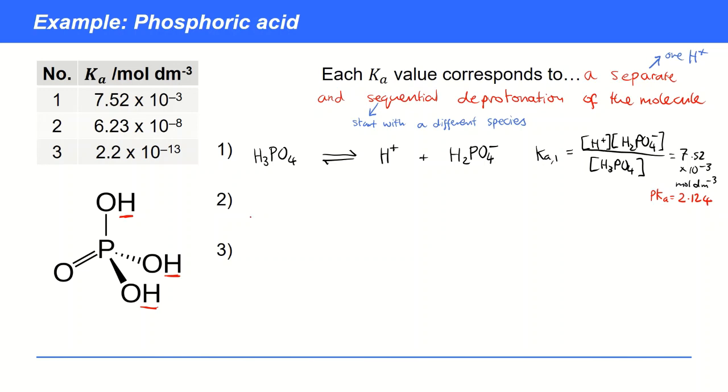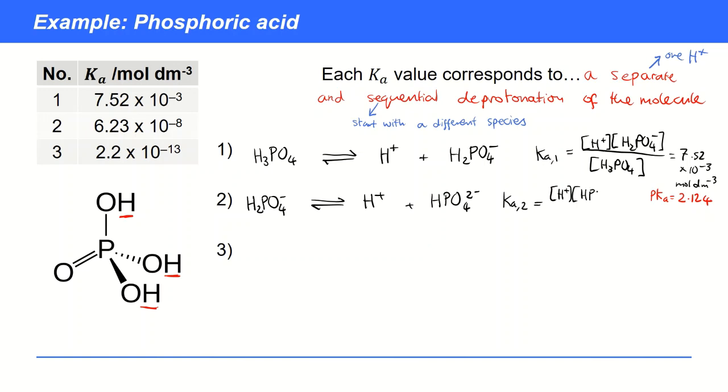So that's the first ionization. The second ionization starts with H2PO4 minus, and that would lose a proton, in this case to make HPO4 2 minus, and we can write a separate equilibrium constant for this one. So Ka2 is again a single proton being lost.